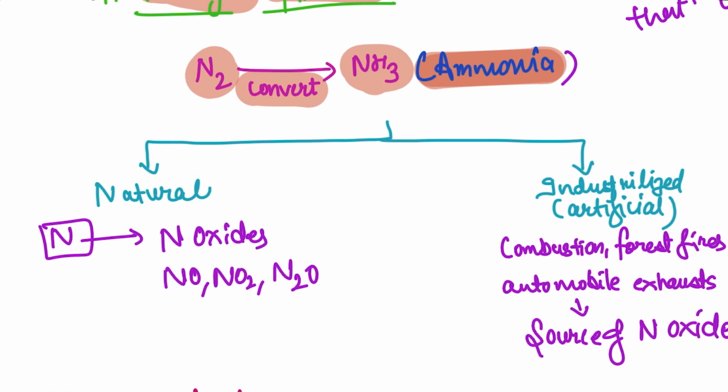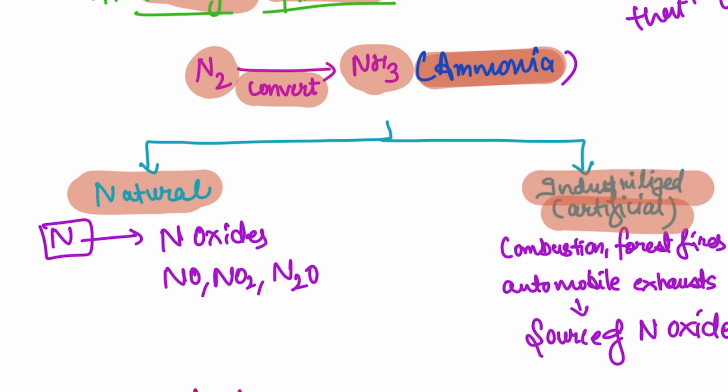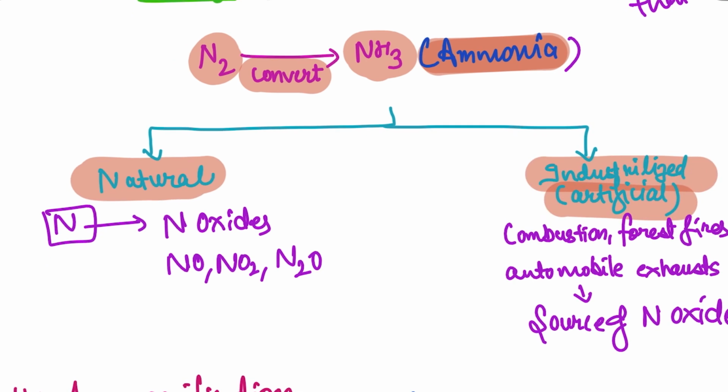Okay, how can nitrogen be converted into various forms? There are natural forms and artificial, industrialized forms. How natural forms? Like UV rays and lightning.